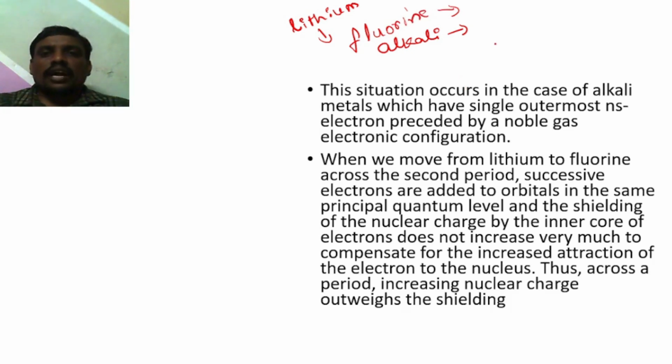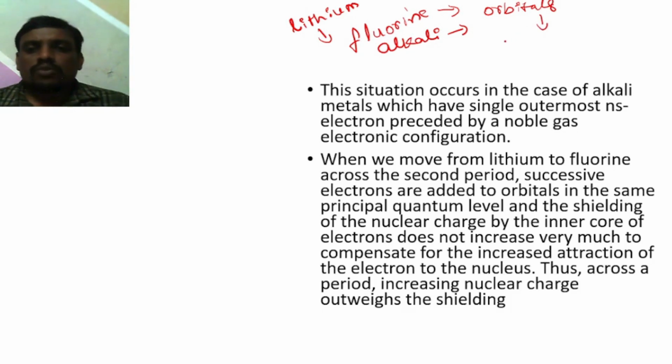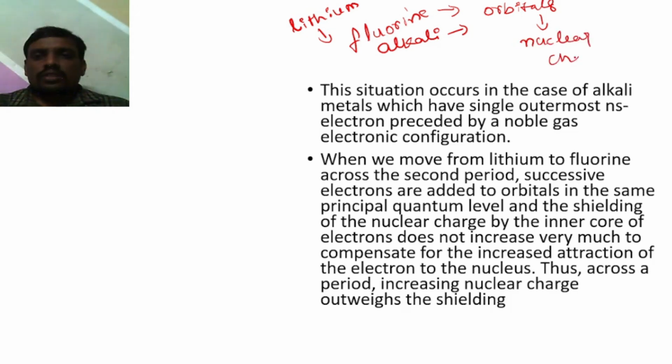Successive electrons are added to orbitals with the same principal quantum number, which is not going to change, and the shielding of the outer electrons from the nuclear charge by the inner core of electrons does not increase very much to offset the increased attraction. Thus, across a period, increasing nuclear charge outweighs the shielding.